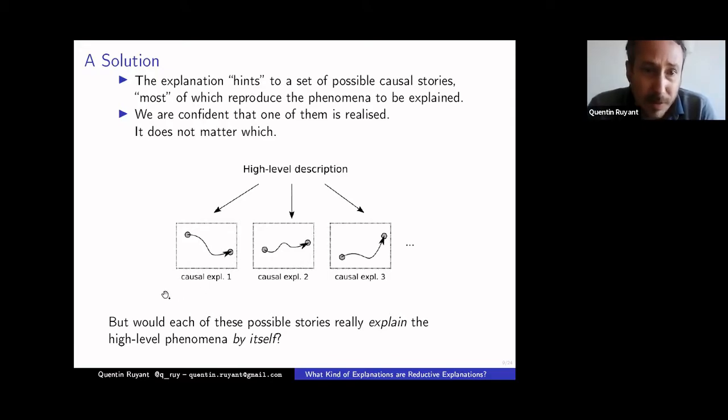But there is a second difficulty, which I want to examine: we could wonder whether each of these causal stories taken on its own would explain the high-level phenomena. And I will take Woodward's counterfactual account to examine this.